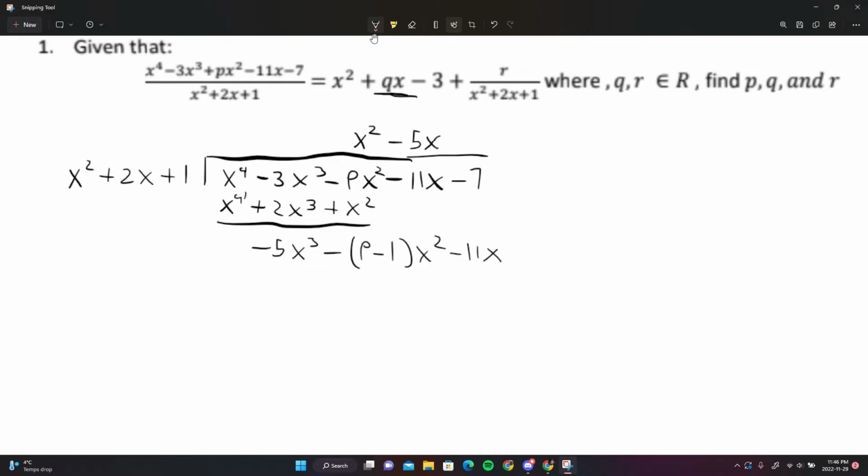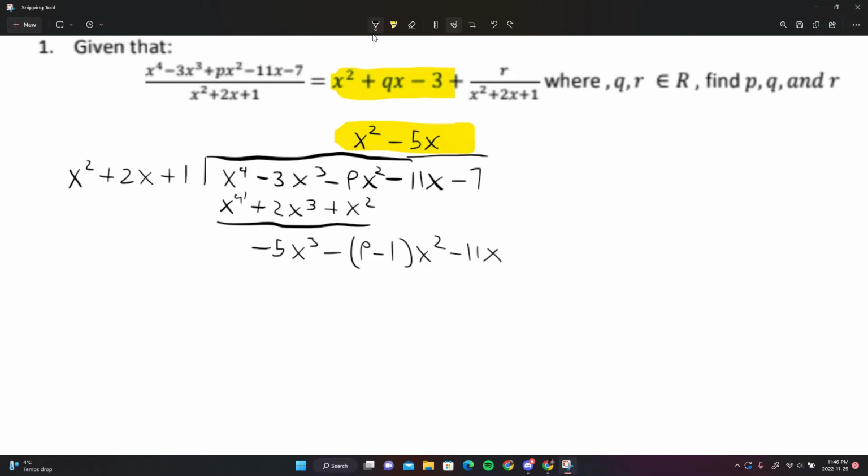So if you guys know quotient form, you'll know that the quotient here is actually going to be equal to everything here. As you can see in the start, the x squared is the same, and qx here, the 5x also has the x there as well.